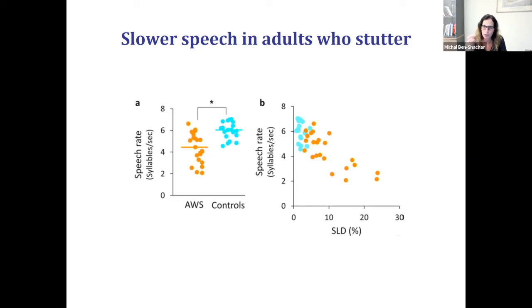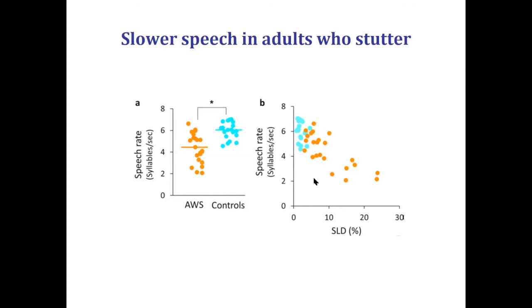And now if you take this back into the question about the association with the left ICP, what happens if you look at the left ICP in relation to speech rate, and then you partial out SLD? Is that the question? Yeah, I think that was my question.